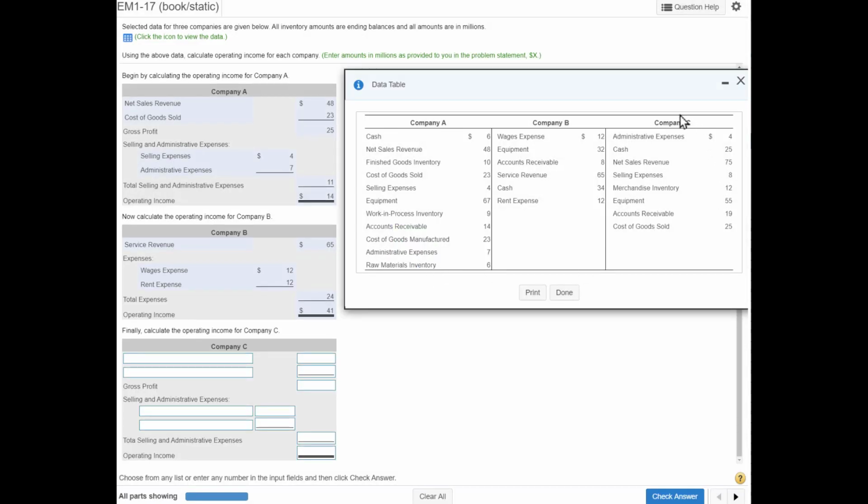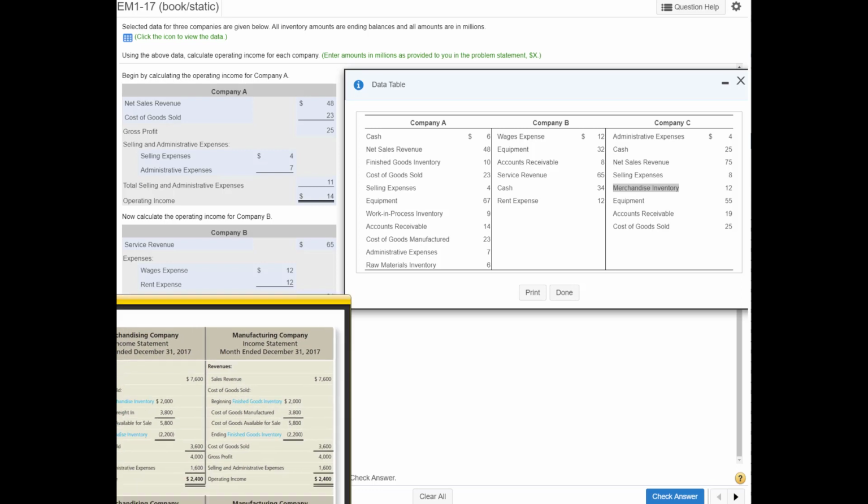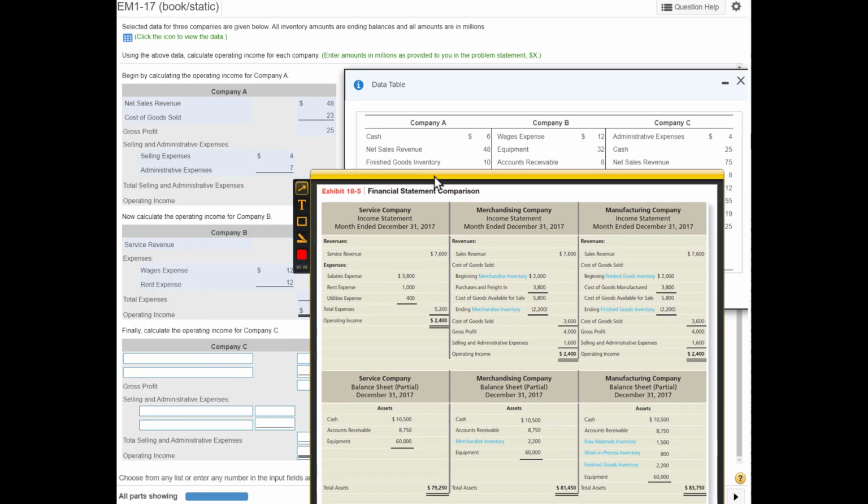And then Company C, we can tell that this is a merchandising company because it has a merchandising inventory. So let me go back to remind you what the income statement looks like for a merchandising company.